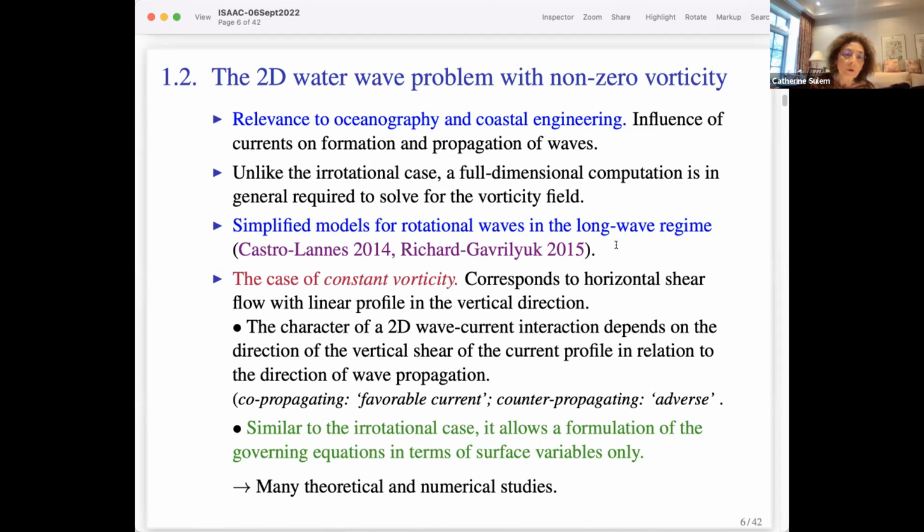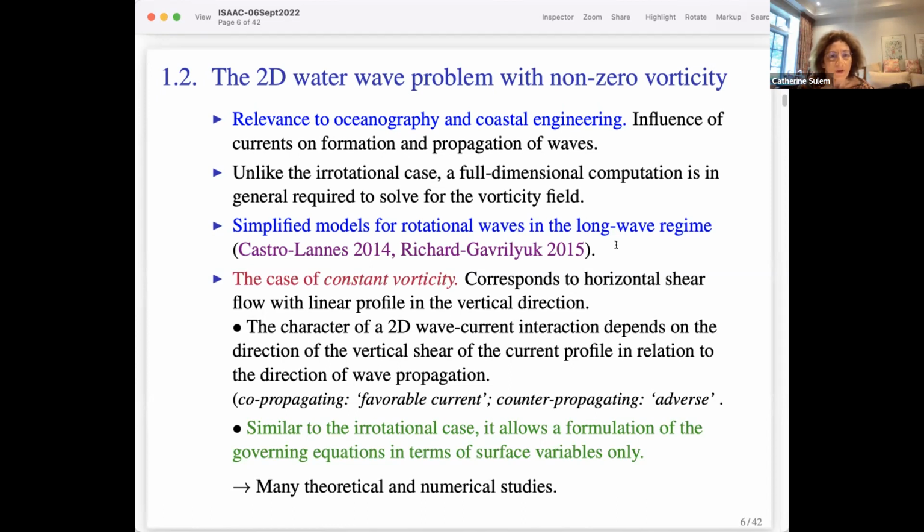And so mathematically, the constant vorticity corresponds to the presence of a horizontal shear flow. And this horizontal shear flow has a linear profile in the y direction.